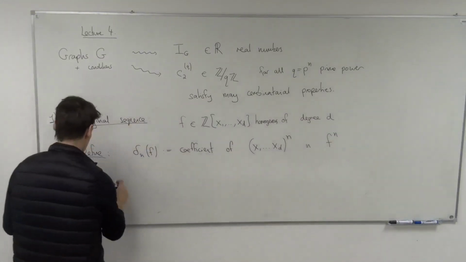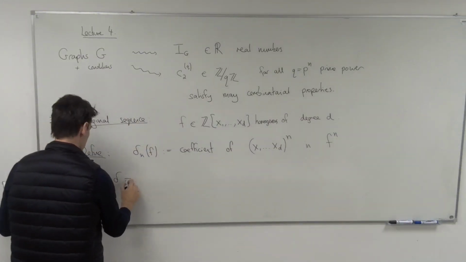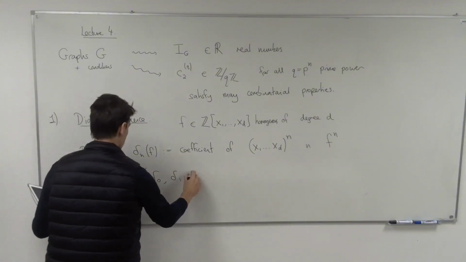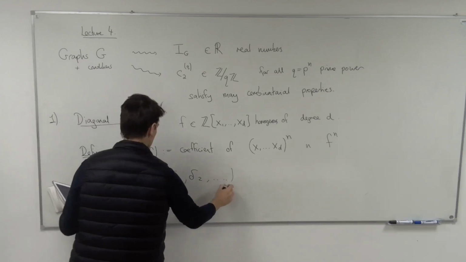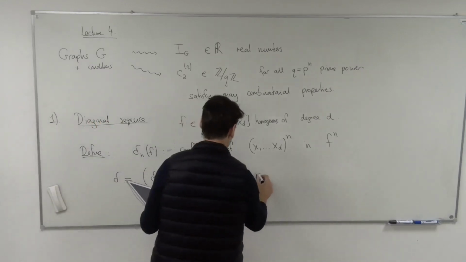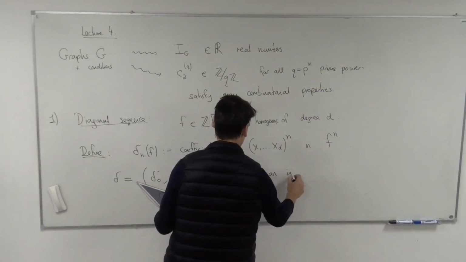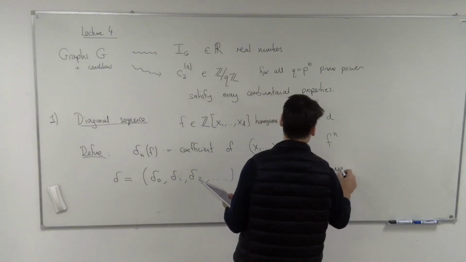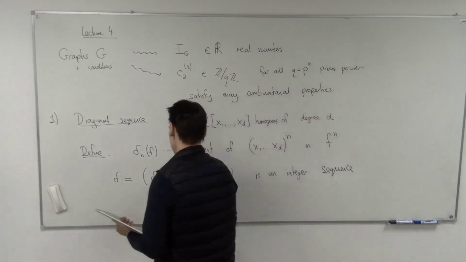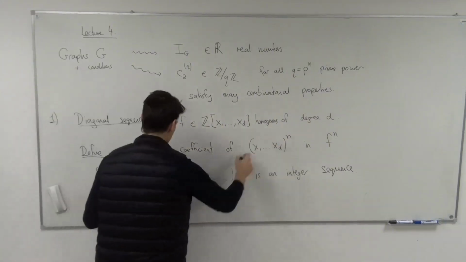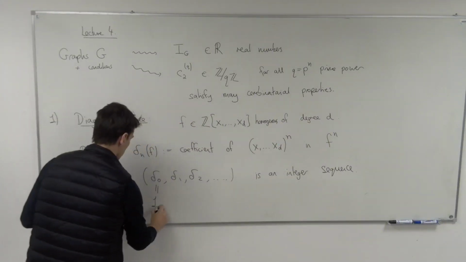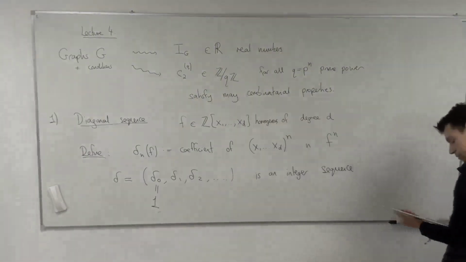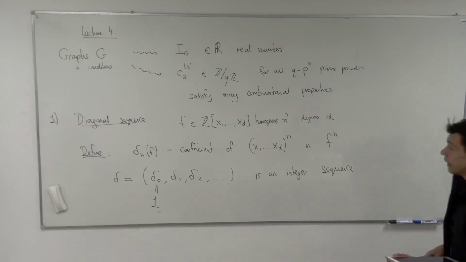And so we get a sequence of integers. If you're wondering what this means for n equals 0, it's just 1. It's the coefficient of 1 in 1, which is 1.